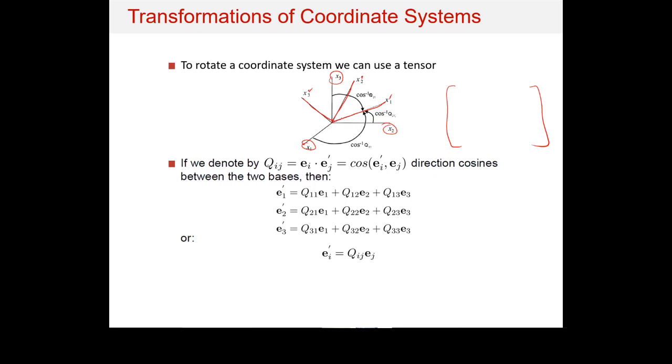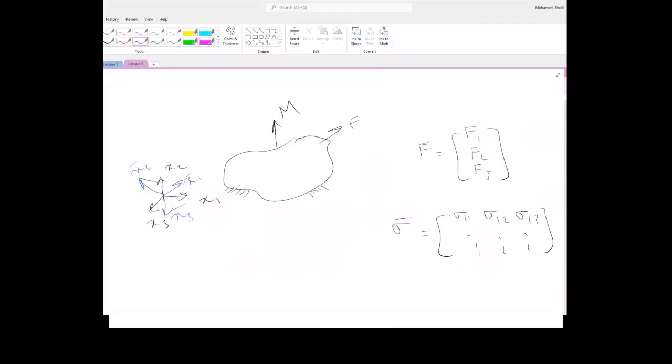So if you look into the first axis, x1 dash, the first entry here is the cosine of the angle between x1 and x1 dash. If you look into the second entry, it is the angle between x2 and x1 dash. If you look into the third entry, it is the angle between x3 and x1 dash. I'm just going to rewrite it here.